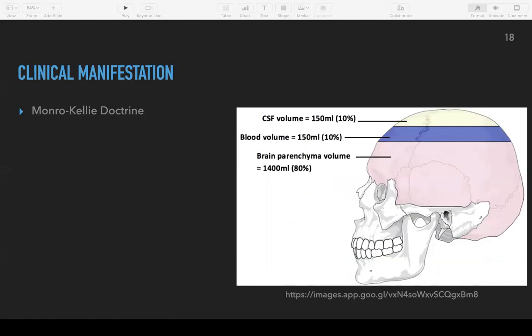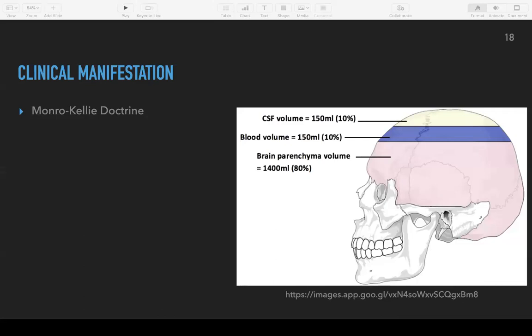So let's talk about increased intracranial pressure. There is a theory called the Monro-Kellie doctrine that stated that the skull contains a constant volume. And this volume contains brain parenchyma, blood volume, and cerebrospinal fluid volume.